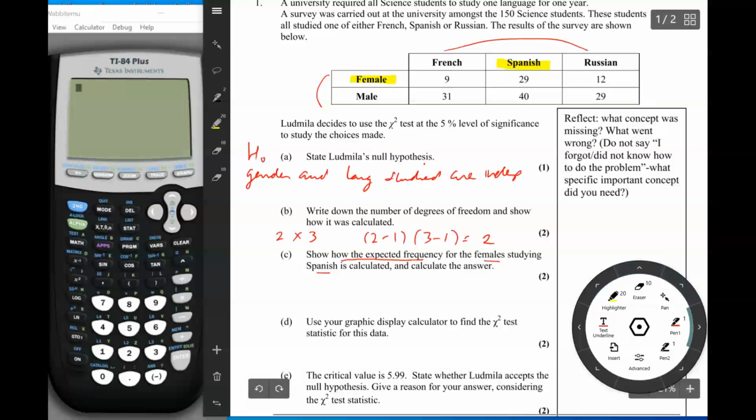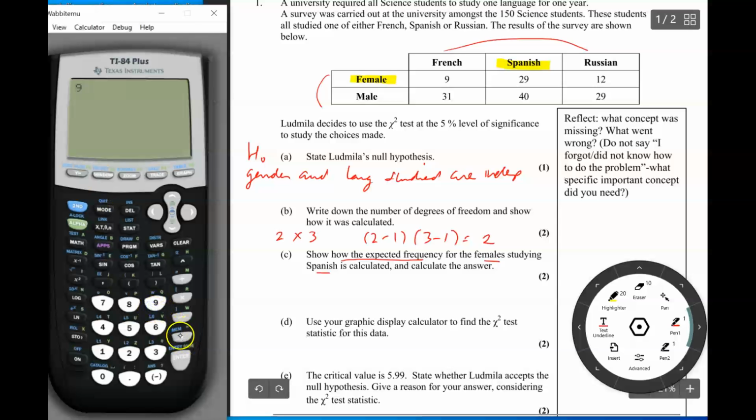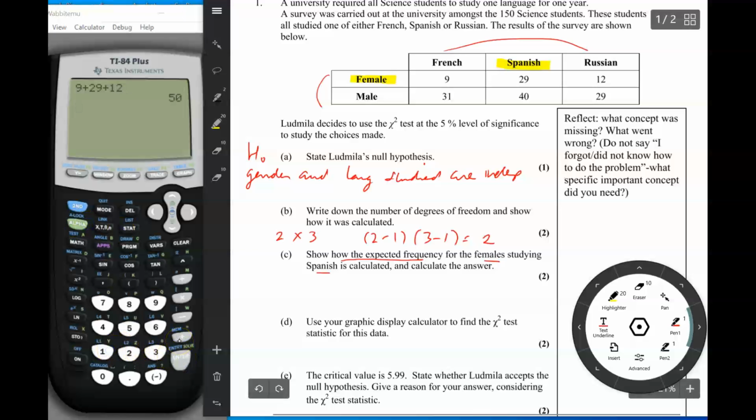So for example, for the subtotal of the females, I would do 9 plus 29 plus 12. I'm going to do that on the calculator. So that would be 50. And males would be 31 plus 40 plus 29, which would be 71 plus 29, which would be 100.